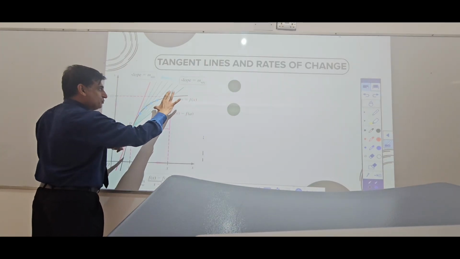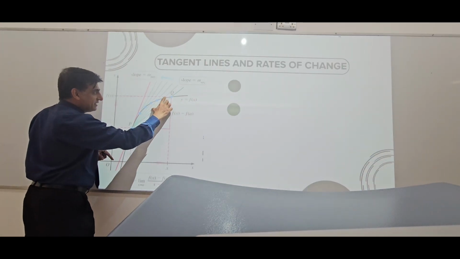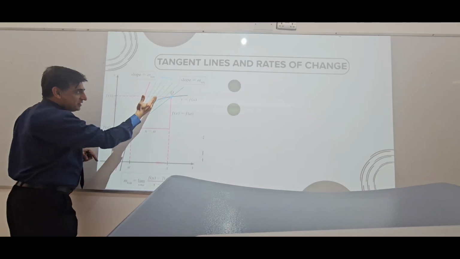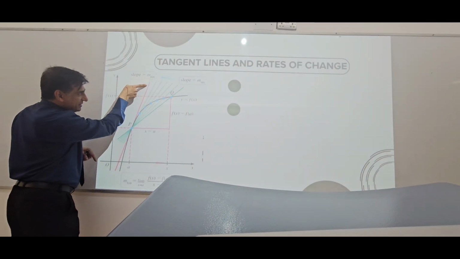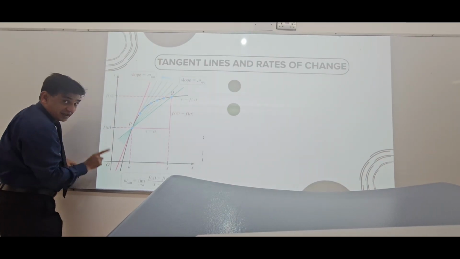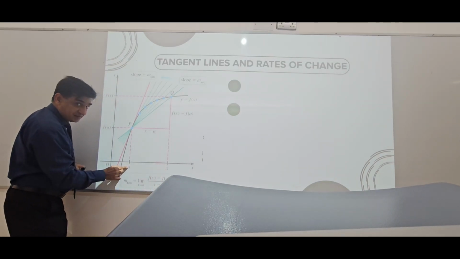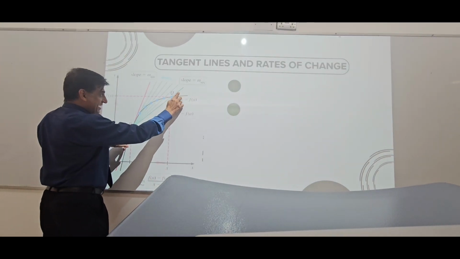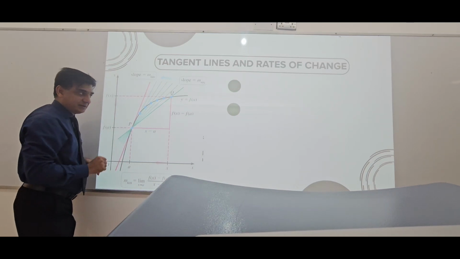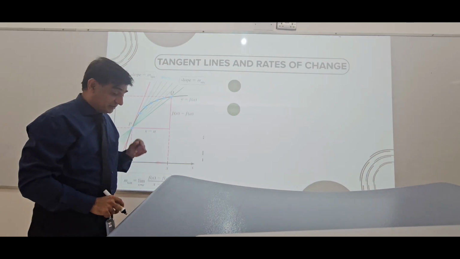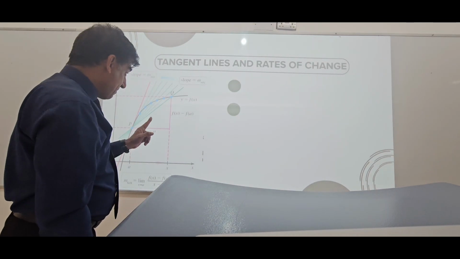This line is now going to be this line here when you move. So as you keep moving, at the end you will have one line. So basically, as we move towards a, our secant line became the tangent line. So that's a very important thing that I want you to remember.